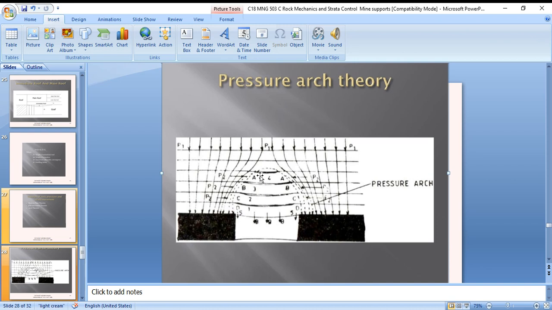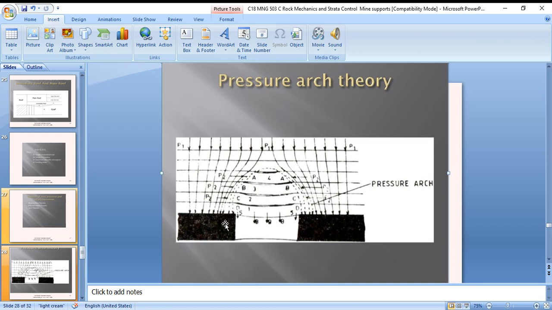Depending upon the zones, there is P1 and P2. P1 is the vertical pressure, P2 is the horizontal pressure. Once the block is opened here, the vertical and horizontal pressures are redistributed.